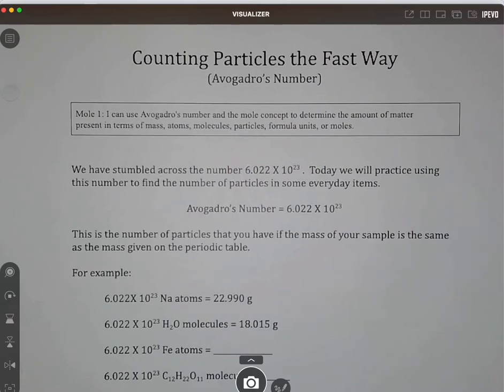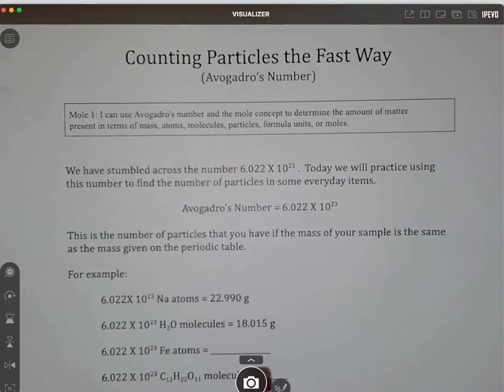Avogadro felt that there had to be a number of particles such that if you took that many grams of a substance, with grams equal to the number of AMUs, there would be a known number of particles, and it would be the same for every single substance. And he was right. Unfortunately, he didn't live long enough to find out that that magic number was 6.022 times 10 to the 23rd, but they named it after him because it was his idea to start with.